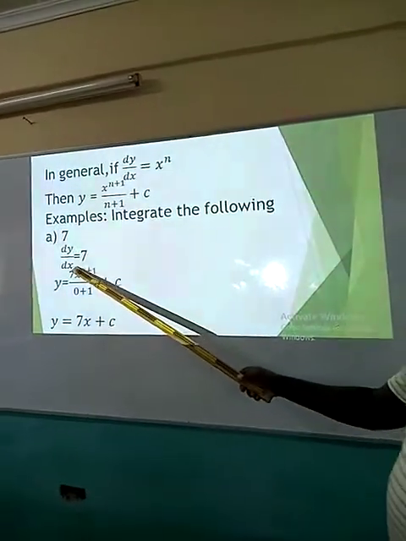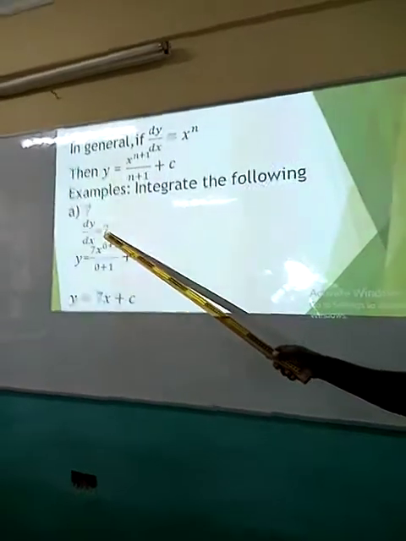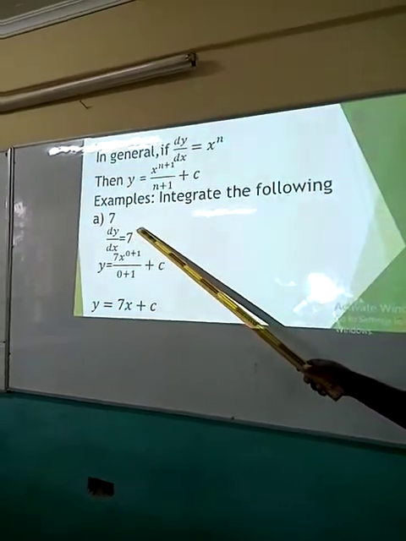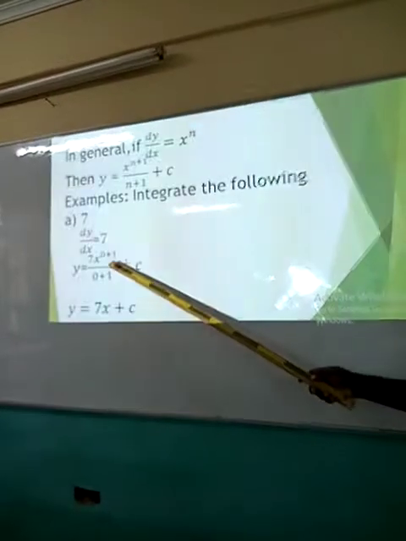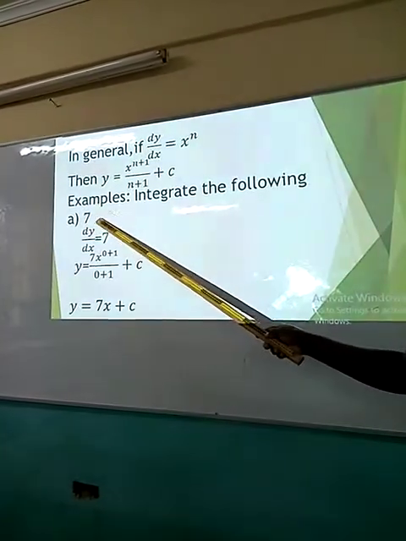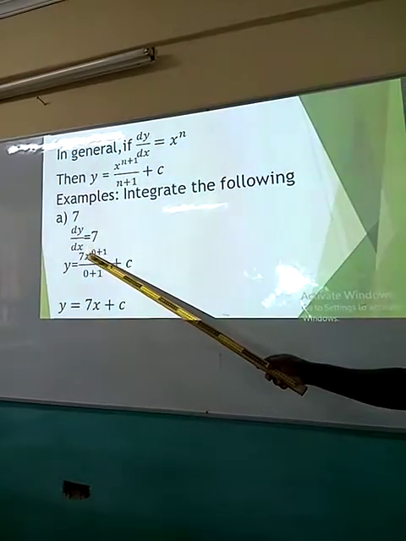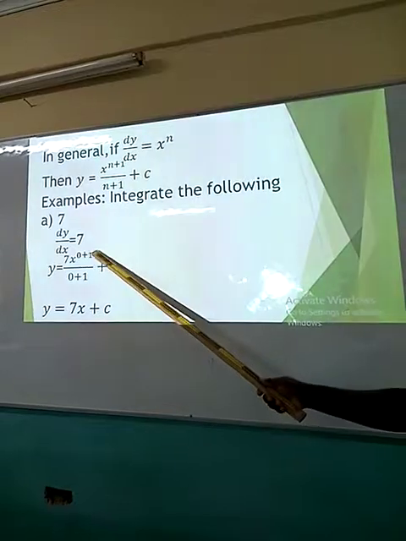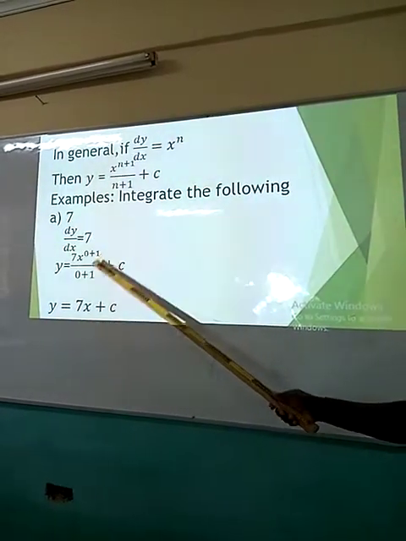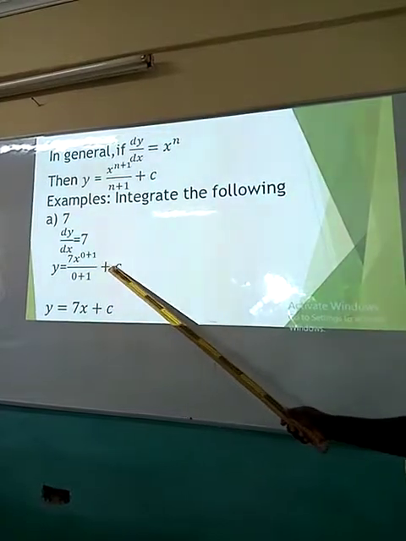If we have 7, then it means it is 7x^0, because any number raised to power 0 is 1. That is why that x is silent in 7. And so you can see here, the original power of x is 0. To that power we add 1. Then we divide by the new power, which is 0 + 1, plus a constant.